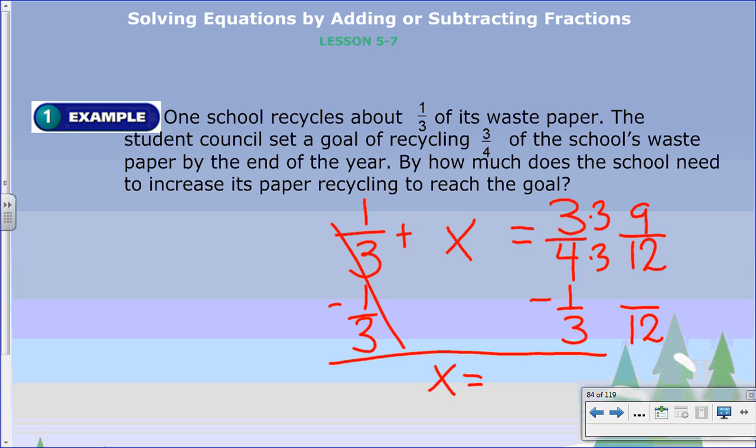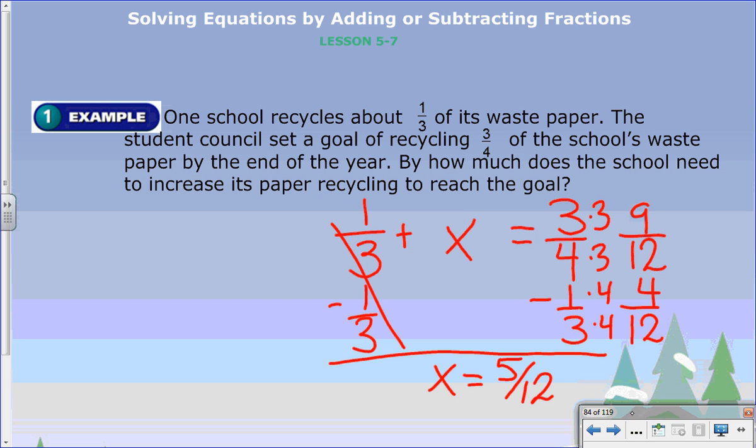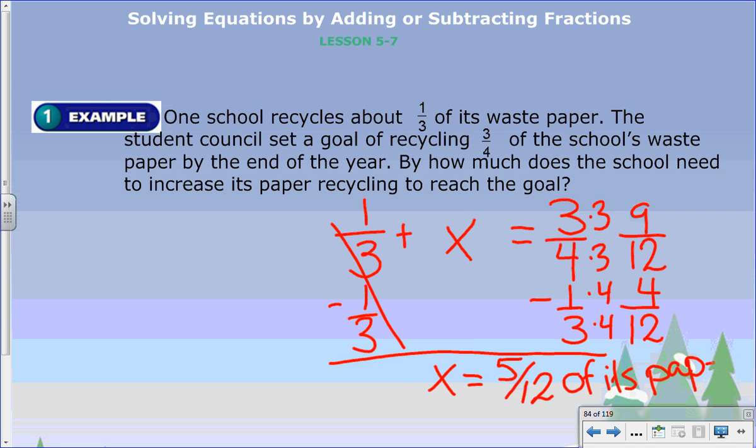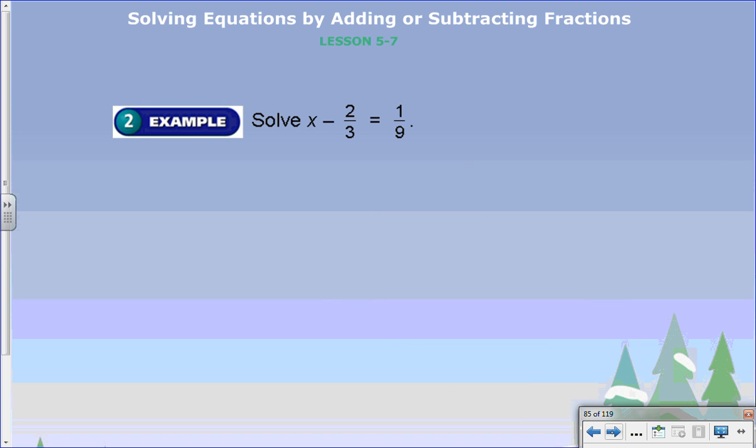So 9/12 minus 4/12, and you get 5/12. So 5/12, let's see, what should my label be? 5/12 of its paper. So it needs to recycle 5/12 more of what they already do in order to reach their goal.